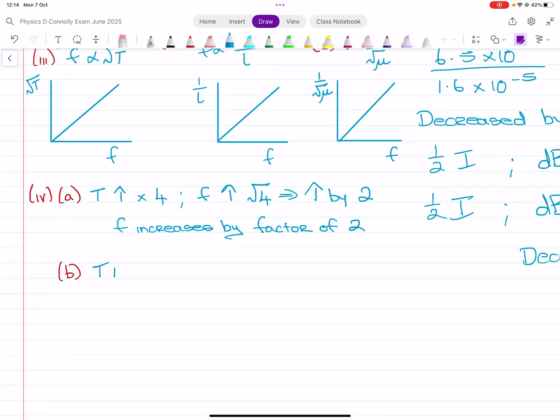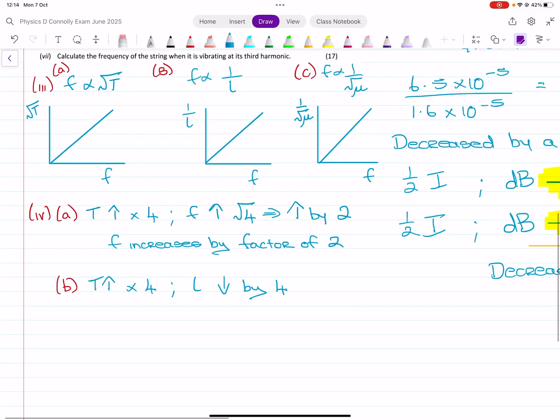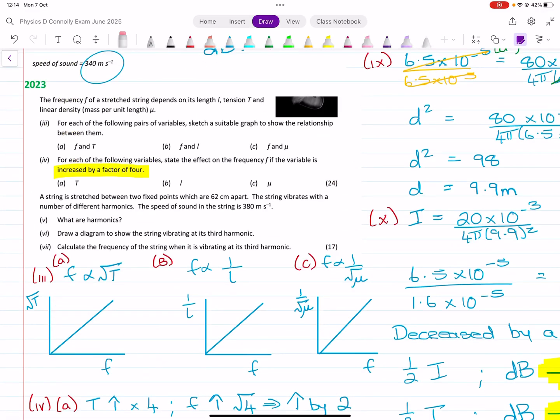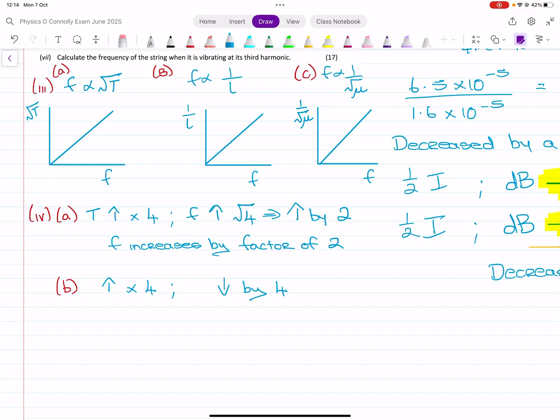Okay, length. Right, the second one is length, so we're talking about the length increasing by a factor of 4.